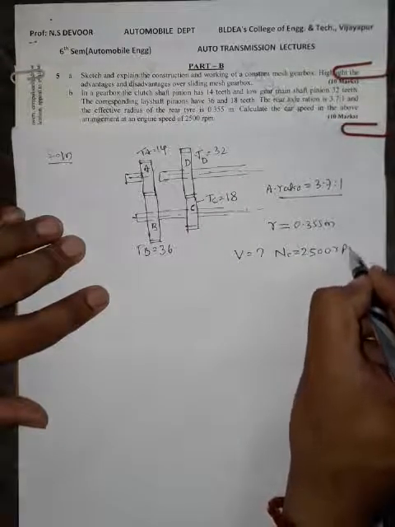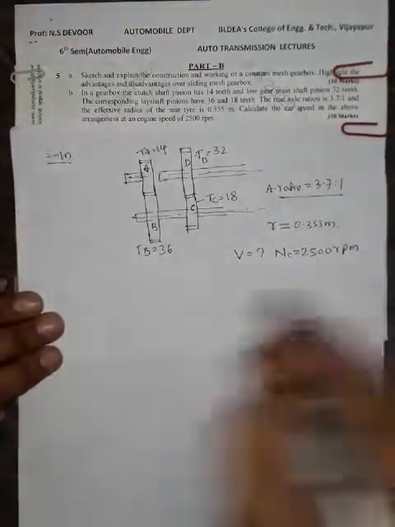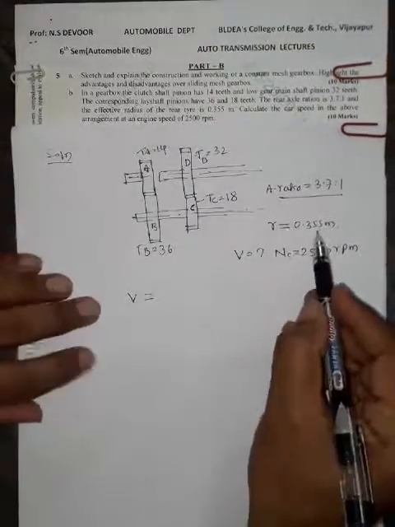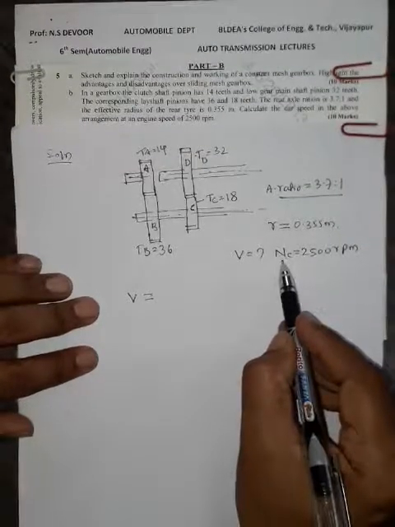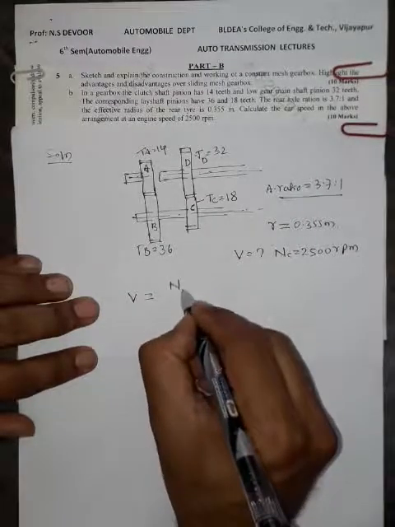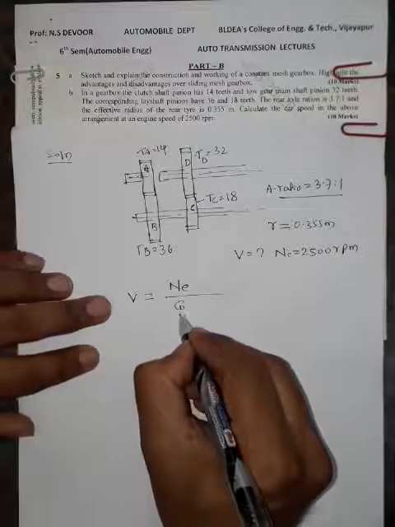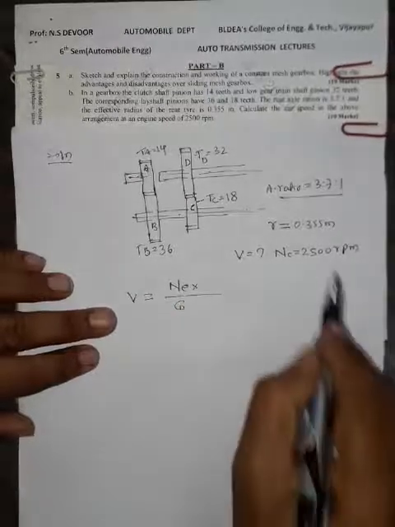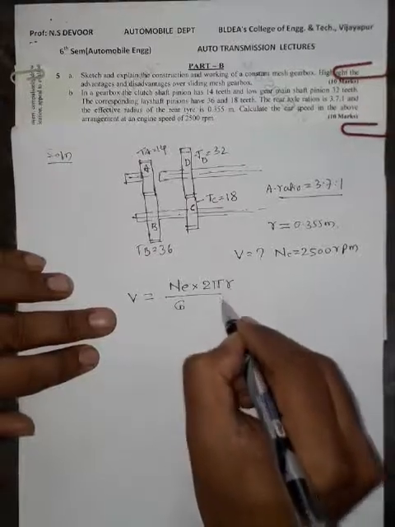Now how to calculate the speed of the vehicle? You know, V is equal to, the radius of the tire is given. The engine speed is modified by the gearbox, so engine speed divided by G, modified by the gearbox, and this is to be multiplied by the circumference of the tire, 2πr.